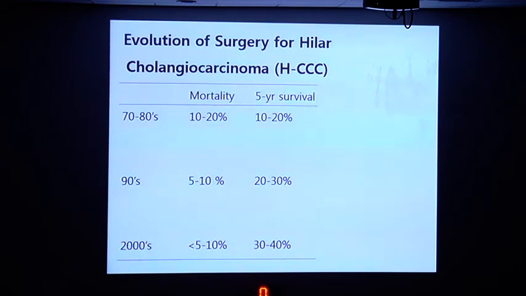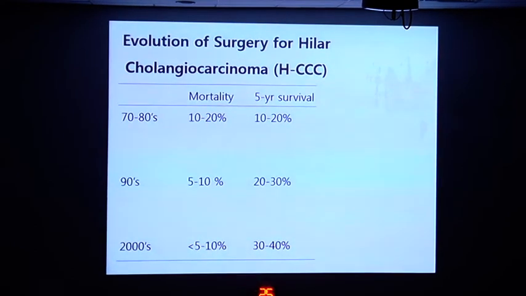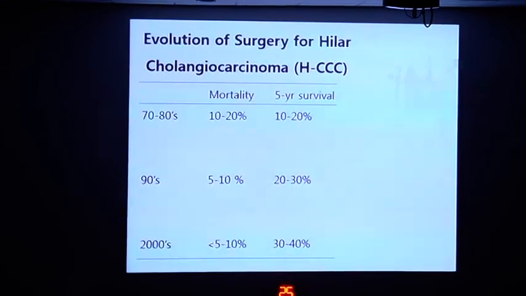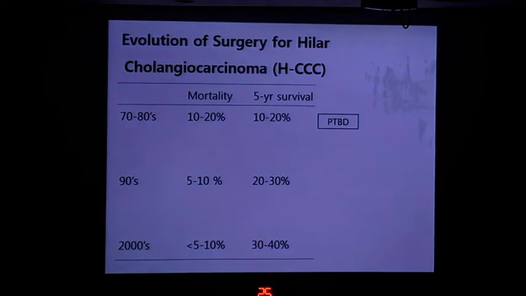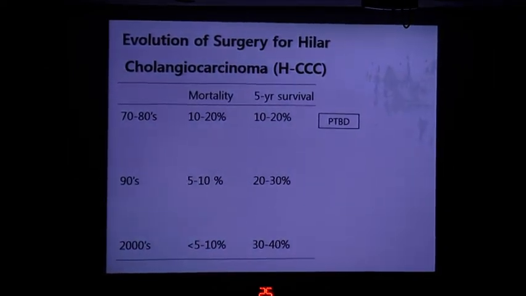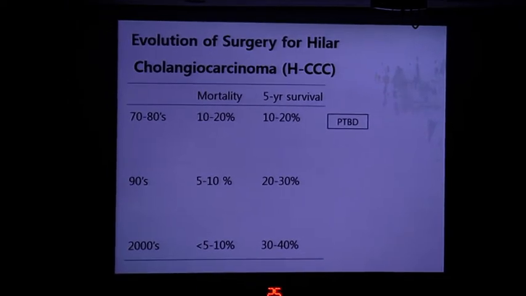I'd like to show you the evolution of surgery for Hilar Cholangiocarcinoma. In the 70s, the mortality was up to 20%, and 5-year survival was around 10%. Recently, mortality is reported to be less than 10%, and the 5-year survival is up to 40%. Several good things have actively influenced this.